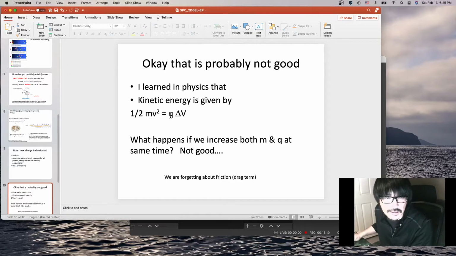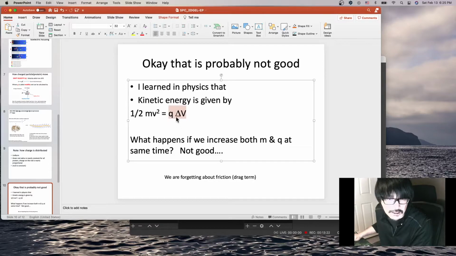But the problem is the energy: the charge multiplied by the voltage difference should be equal to the kinetic energy, which is 1/2 mv squared, and you can solve for the velocity. But the mass and the charge both grow as the rod gets longer and longer, so you're going to get the same velocity. That's not good because you can't separate them from this equation.